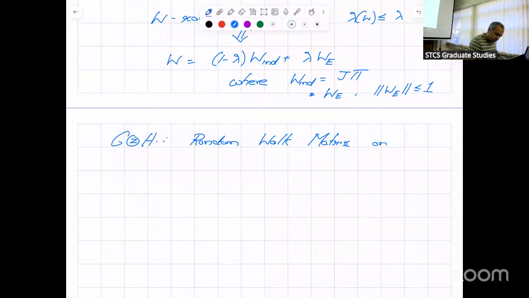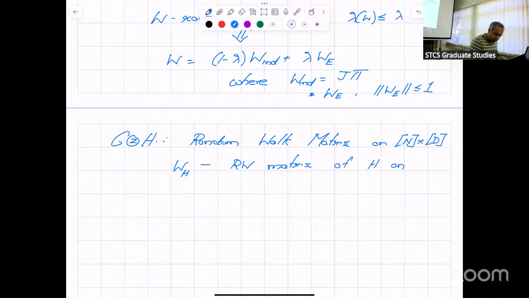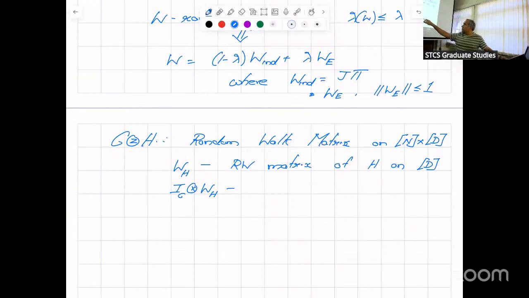This is on N cross D. Now let W H be the random walk matrix of H on D. So I_G tensor W H is just, on each copy of H, doing the random walk of H while maintaining G. This is like taking a step on H without altering which cloud you are in.